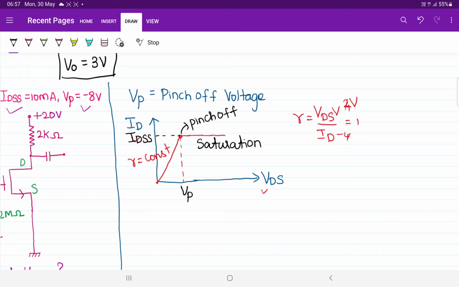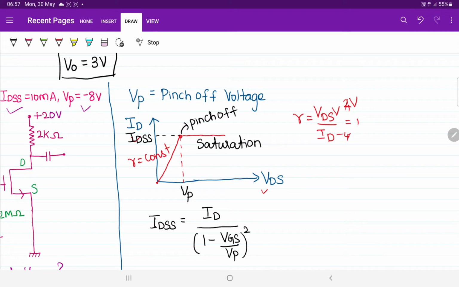Okay, sir. Now here I will bring one more formula. How can we calculate the value of drain to source saturation current, sir? It can also be calculated with the help of the drain current ID upon 1 minus VGS upon pinch off voltage VP whole power 2.